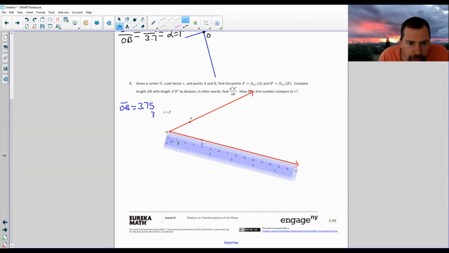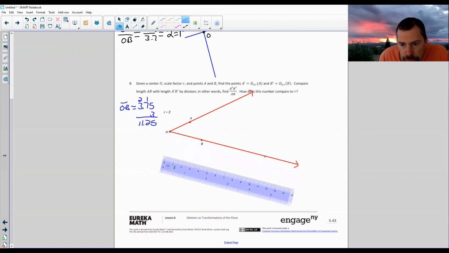If I multiply that by 3, I need 11.25. So here's 11 and 2.5. Halfway between 2 and 3 would put me right here. Move this. Here is my B prime.